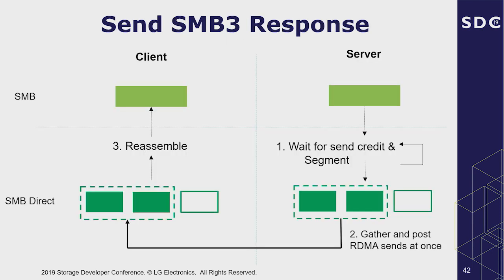To send an SMB response to a client, a server checks that it has send credit granted by the client, which means the client has empty receive buffers, and the server generates one SMB Direct message from the SMB message.